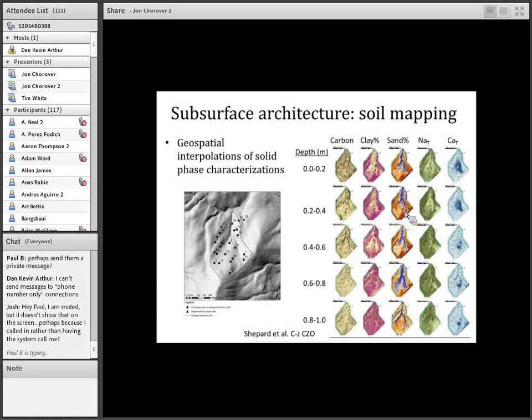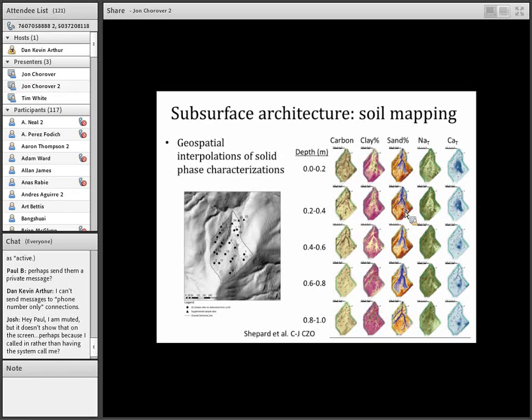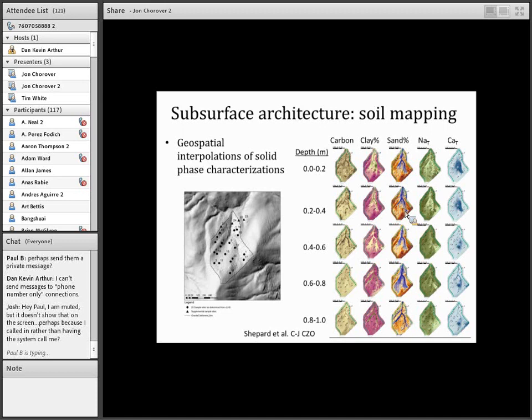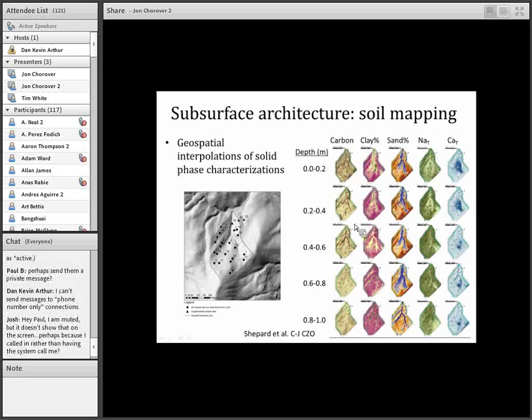And this variation in the near surface within a single catchment was as great as across 40 different biomes globally sampled. And so, as Bill mentioned, there's an interest in understanding the depth distribution of microbial communities and how that affects ultimately critical zone development, biological weathering, and things of that sort.